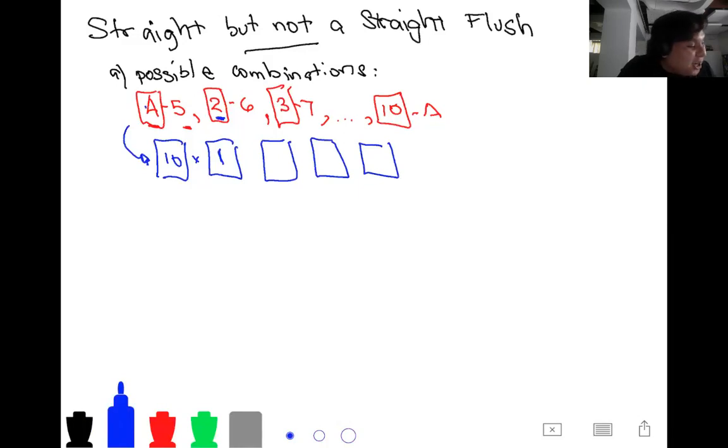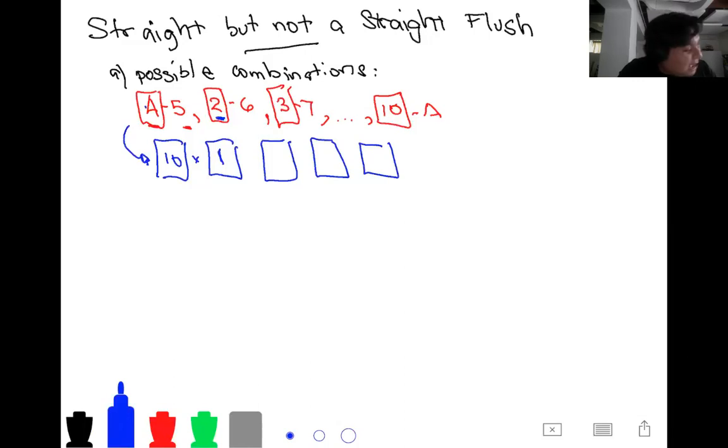I mean, you might argue, Mr. Josino, you're focusing on the arrangement, so we're going to use permutations here, but later we will clarify that. So the next card, for it to be a straight, should be a 3.